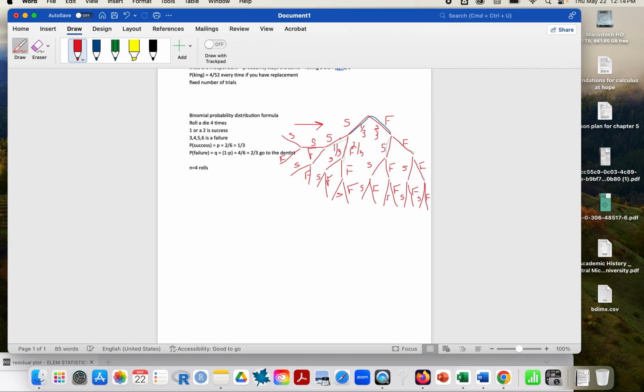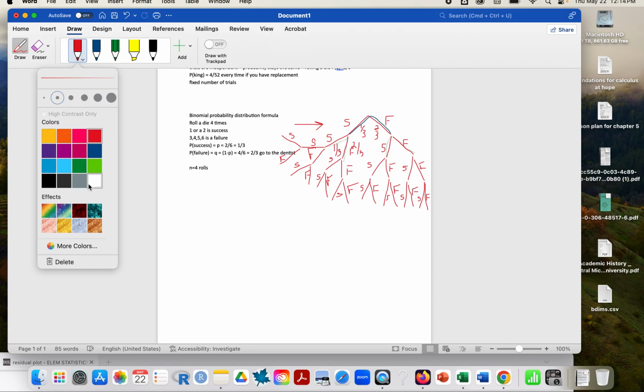All of the successes is a roll of a 1 or a 2. All of the failures is a roll of a 3, 4, 5, or 6. Now, let me do something. I'm going to create a very weird color. I don't see color well enough to do this that well, so I'm going to do dark blue.